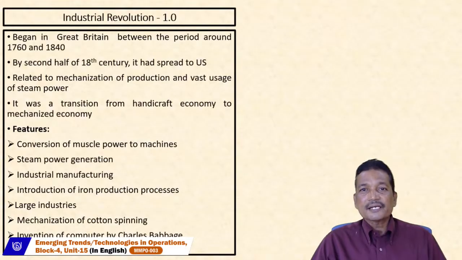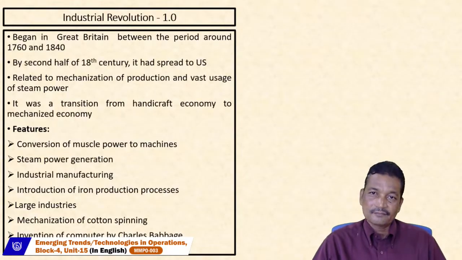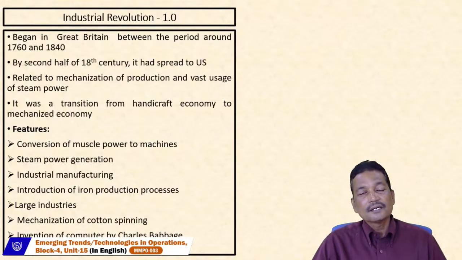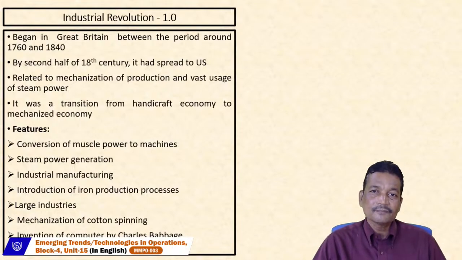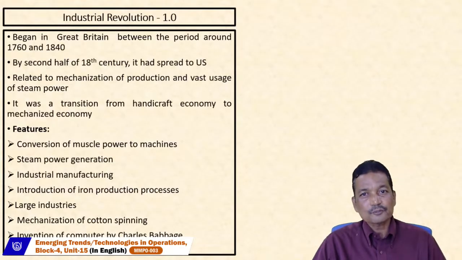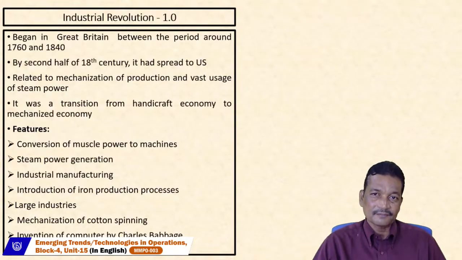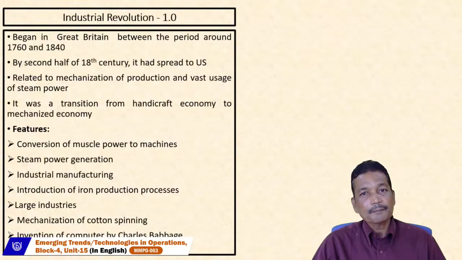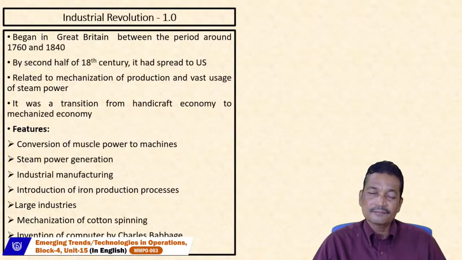Now, during the Industrial Revolution, the world saw mechanization of production. That means the various items that were thought of or developed by scientific invention were produced by the use of machines. In the earlier days, we discussed that production was mainly handicraft focused.